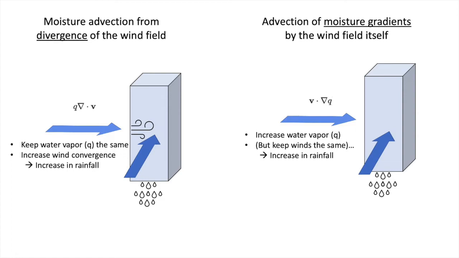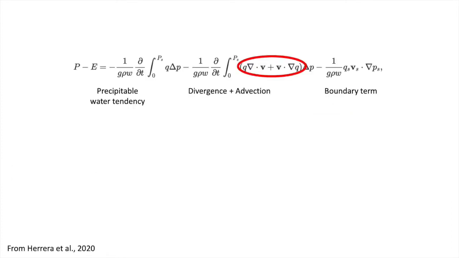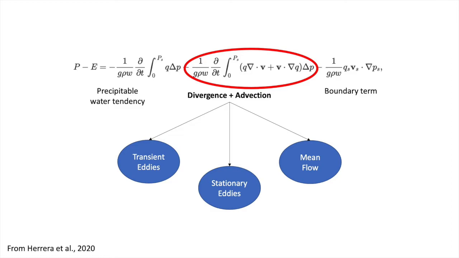So in a one-dimensional sense, in the first case, we're holding the water vapor constant and changing the winds, which affects how much water vapor is actually available, because it affects how much is being transported there. In the second, we're holding the winds constant and modifying the amount of water vapor in the atmosphere. Both of those are in the advective term here, but it's been rewritten in a way that lets us disentangle them. And we can break this down a step further.